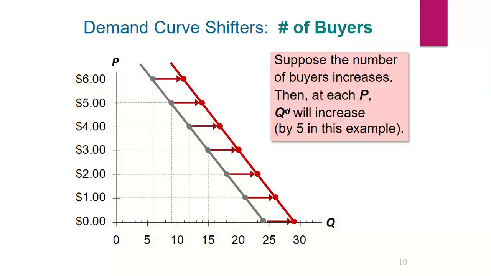So due to the increase in number of buyers, the demand curve shifts outward. So this is the new demand curve which shifts because of the increase in number of buyers. Whenever the number of buyers increases in the market, that means that more of the quantity is purchased now. So the demand curve shifts outward.